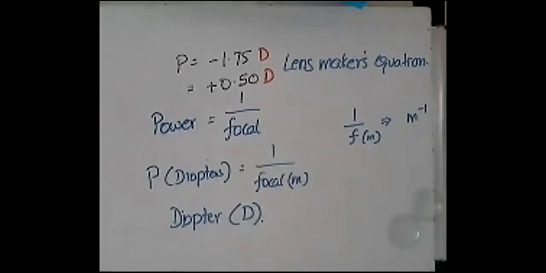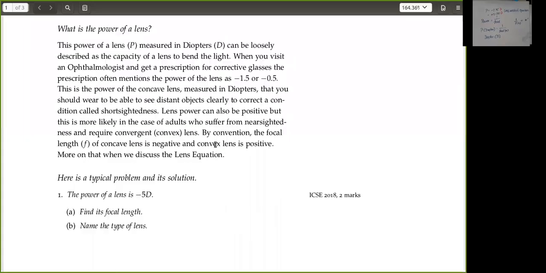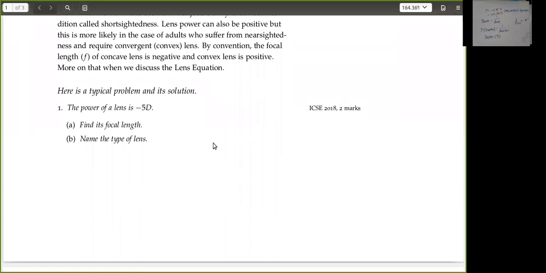So let's just look at one kind of problem. The problems that can be asked in terms of lenses are very straightforward, and here is a typical problem. The power of a lens is given as minus 5D. You have to find the focal length and what type of lens it is. Okay, so let's solve this problem quickly.